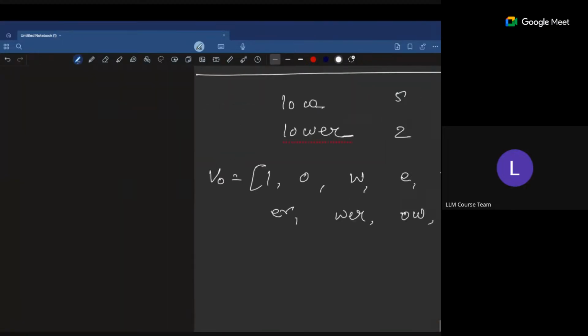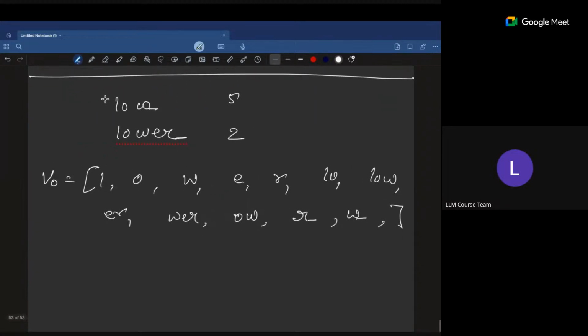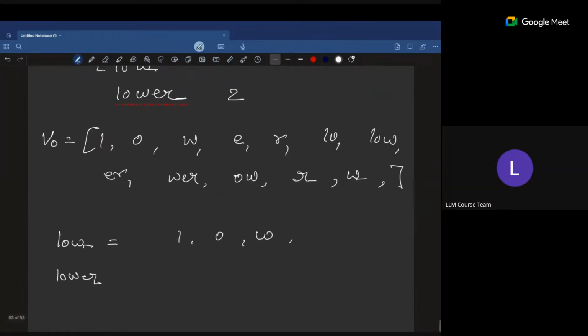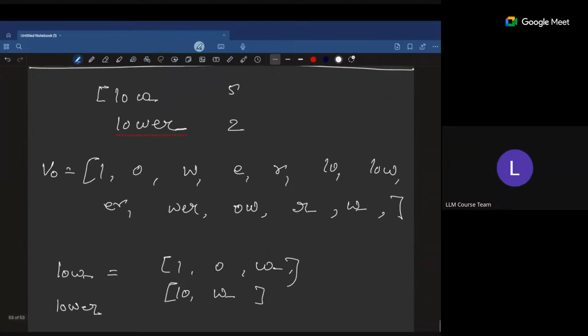Now what I will do in the first step is, for each word in the corpus, you have low, you have lower. I will find the scores and choose the best split. So low may have L, O, W, right, this split is there. There are different such splits. I will choose the best split. Okay, which one will be the best split?